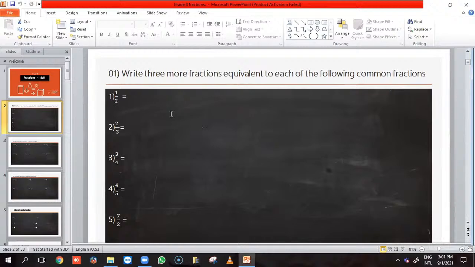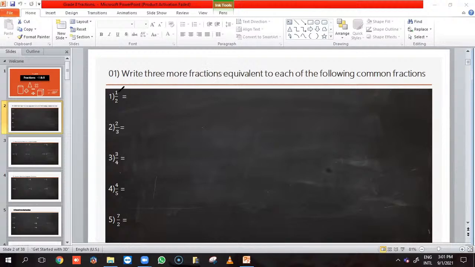Okay, we'll start to get the equivalent fractions for this. First one, 1 over 2. Here we can multiply. They are asking here, write 3 more equivalent fractions.